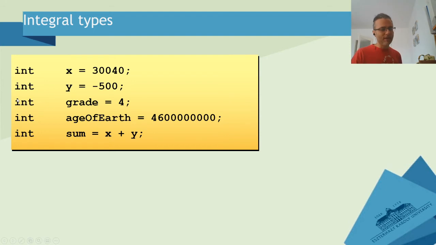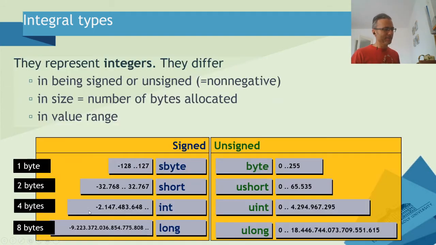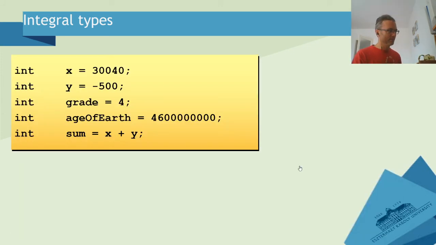I mean, int is okay, but it seems a little bit overkill. Let's use byte, because basically we don't need a negative number, and this maximum number is completely enough. So let's use byte in the third case.